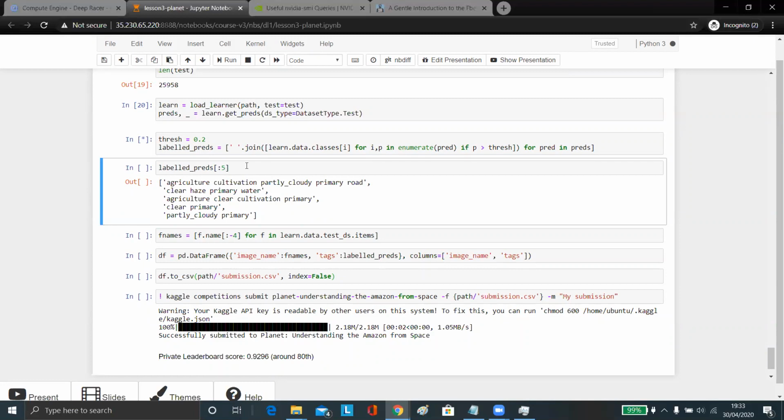Yeah, if we've got thousands of classes, we're going to have long lists of probabilities for each of the images, and we're now just cutting that down to the ones with 0.2 or higher. So there's a little bit of processing to be done here. But it shouldn't be too long either. No.